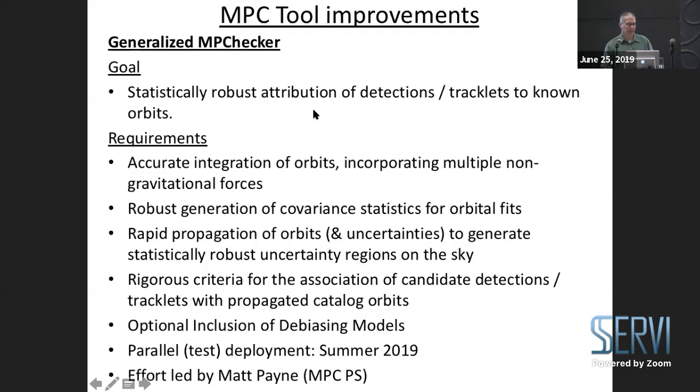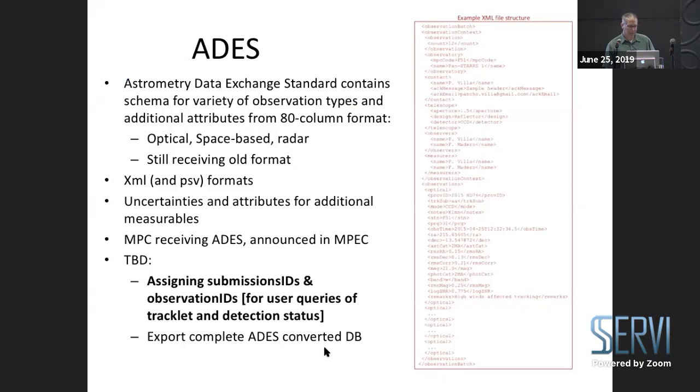The goal of this is to improve detections and tracklets, utilize improved tracklets of known orbits, provide accurate integrations of orbits, and there's a test deployment scheduled for the end of this summer. This effort is being led by Matt Payne, who is also leading another effort. We'll get to that in a second.